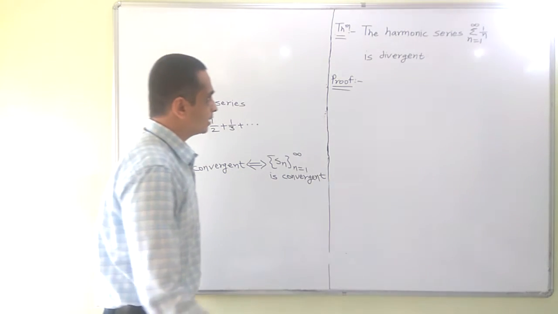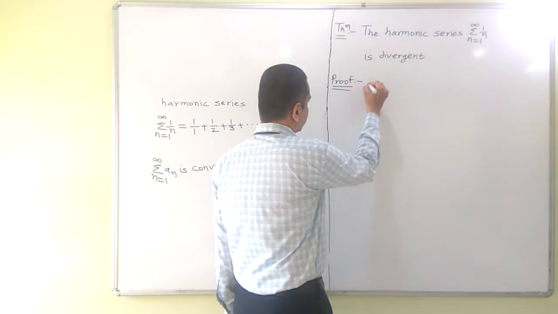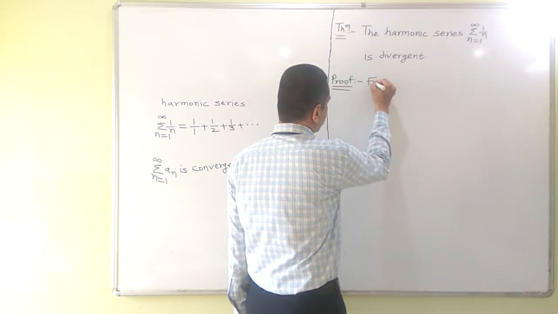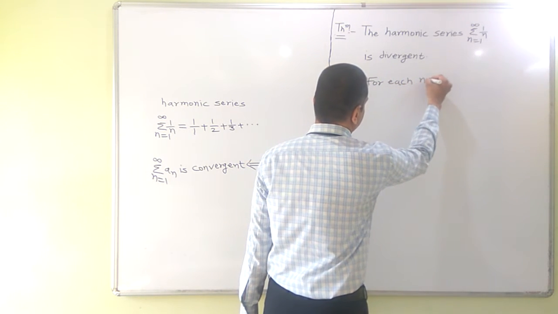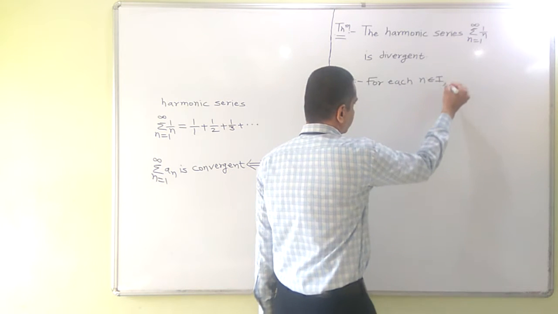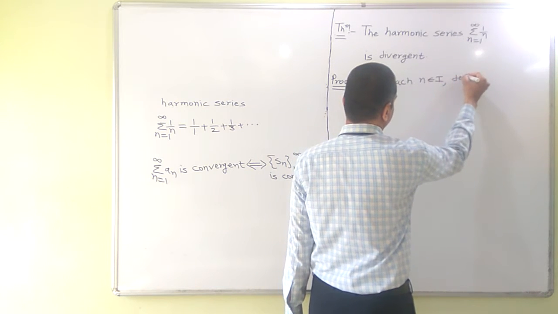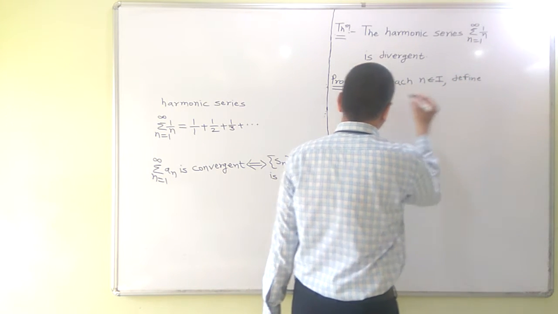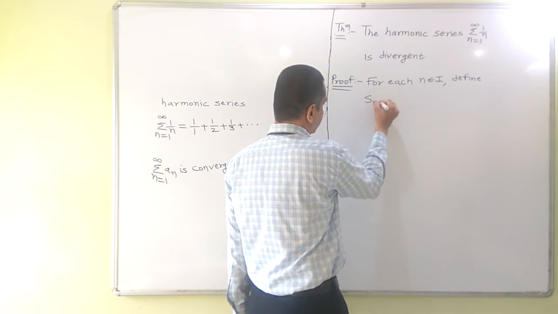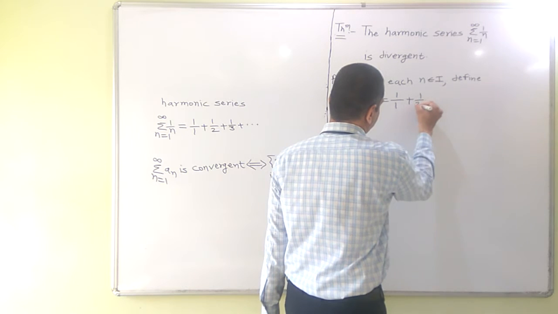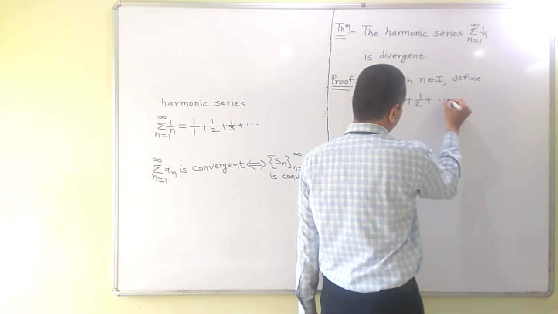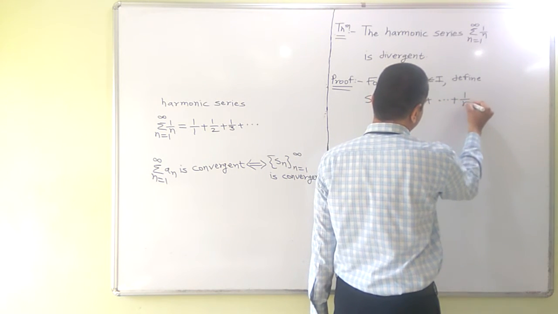So to prove that the harmonic series is divergent, for each n belonging to N define S_n equal to 1 upon 1 plus 1 upon 2 plus up to 1 upon n.